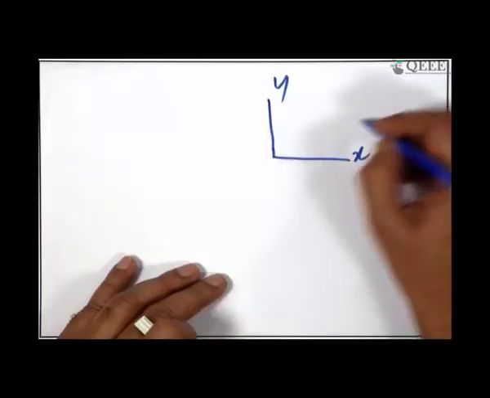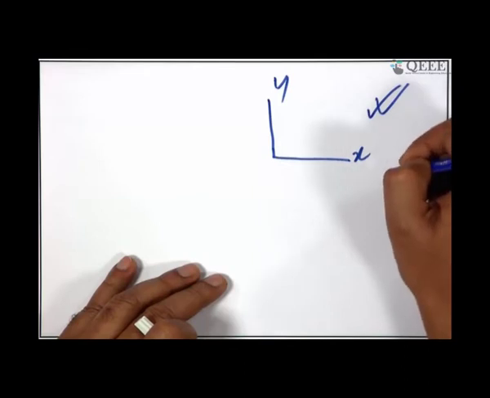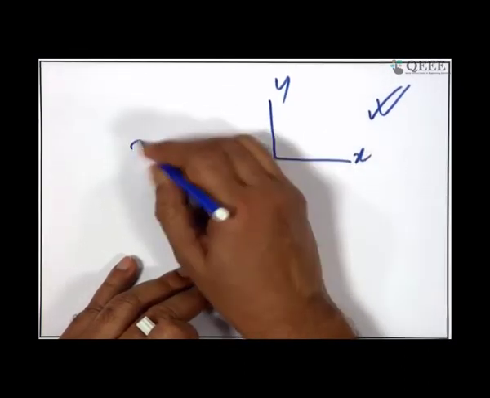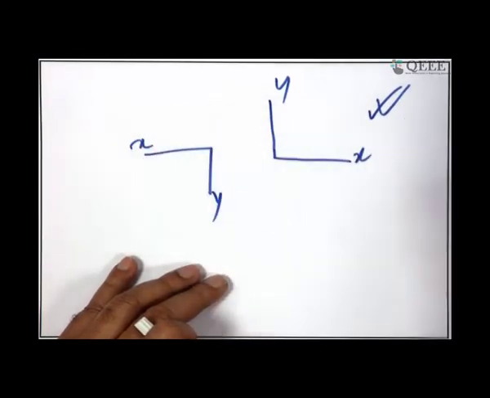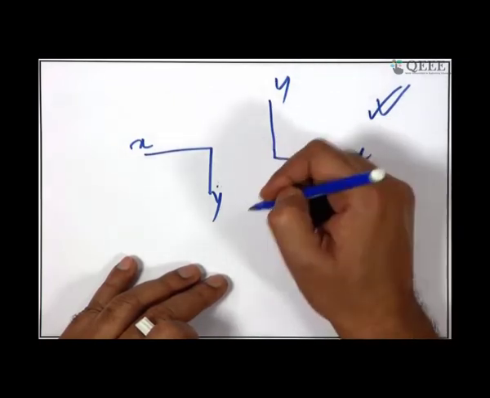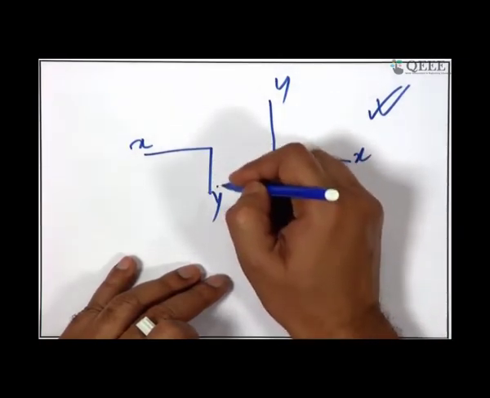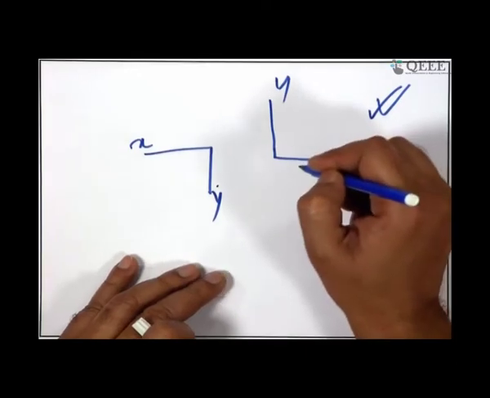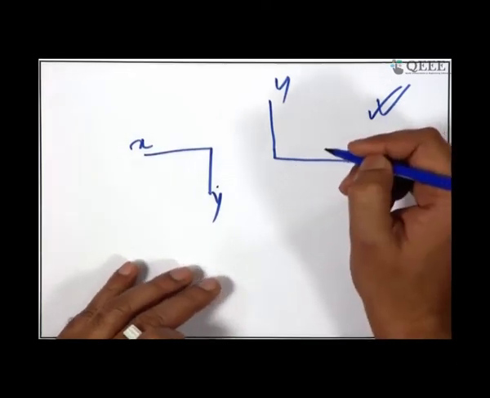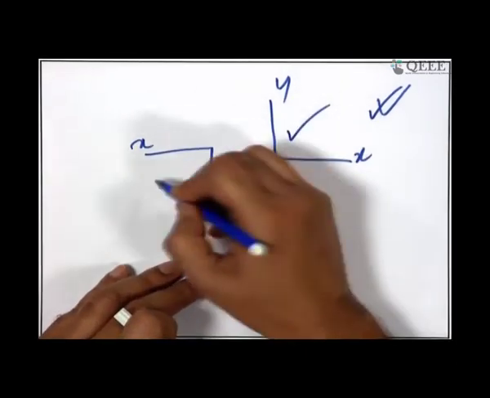For example, we are all familiar with the Cartesian coordinate system x and y, which we follow from our school days. But what about this? This is x and this is y. There is absolutely no problem; we are just not used to it. Anything drawn in these axes will be just a mirror image, and we are not comfortable with that, but this is also acceptable.